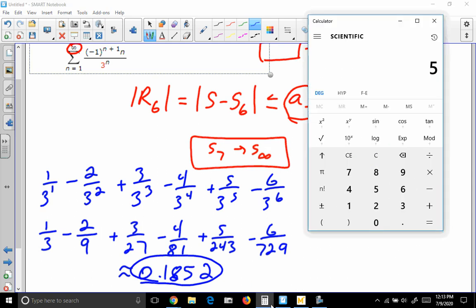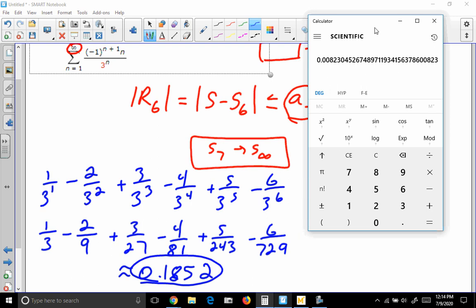When we did 5 over 243, that's how much we were adding, and then we took away 6 over 729, which is an even smaller number. So we're taking away something even smaller. The next term we would be adding something even smaller.